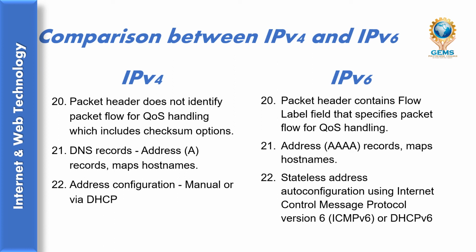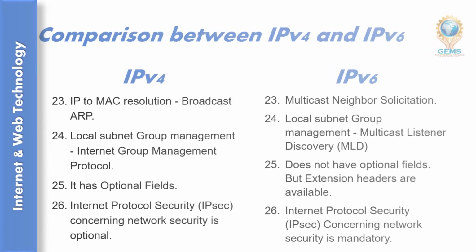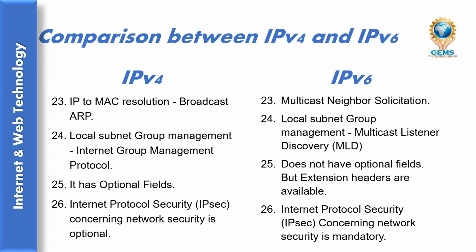IPv4 address configuration is manual or via dynamic host configuration protocol. But IPv6 uses stateless address auto configuration using Internet Control Message Protocol version 6, ICMPv6, or DHCPv6. Next, in IPv4, IP to MAC resolution uses the broadcast address resolution protocol, and in IPv6, multicast neighbor solicitation is used.